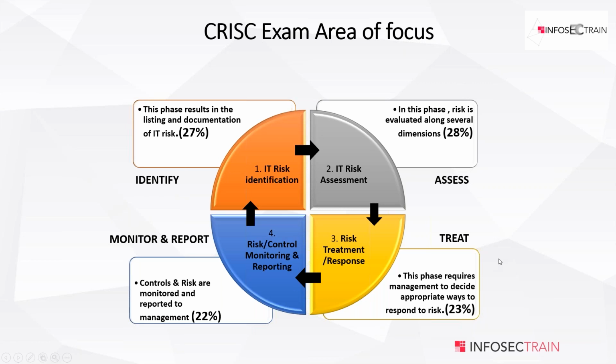Next logical step: we have identified, we have assessed these risks, then what to do with them? Then we have to treat, that is the third domain, risk treatment or response. So this phase requires management to decide appropriate ways to respond to risk. 23% of the weightage goes to this domain.